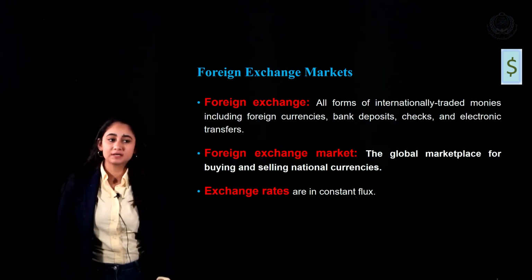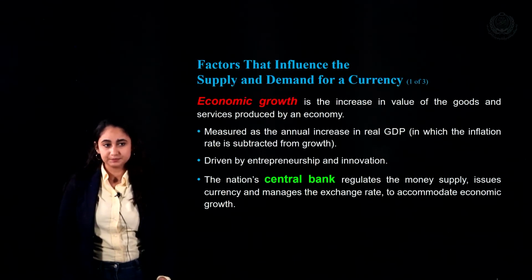Foreign exchange markets are the actual place where the buying and selling of these national currencies occur, and exchange rates are the rates that are constantly fluctuating in this market.